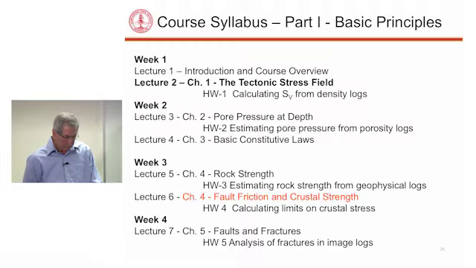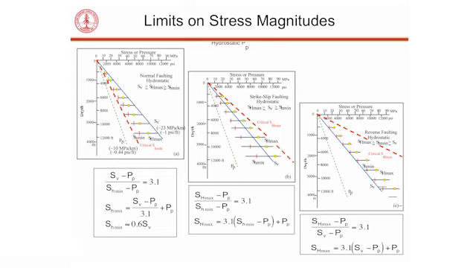Chapter 5, and that's what I illustrate here, where I take that same diagram I showed you before, but we will derive some simple formulas, and we will demonstrate that in a normal faulting situation, even though we know that the minimum stress is greater than the pore pressure and less than the vertical stress, it can only go so low.